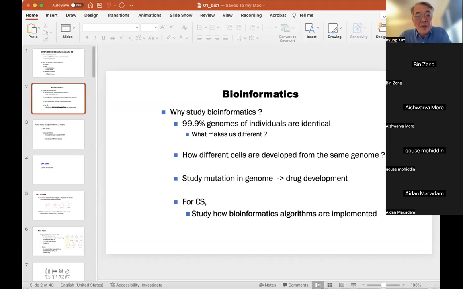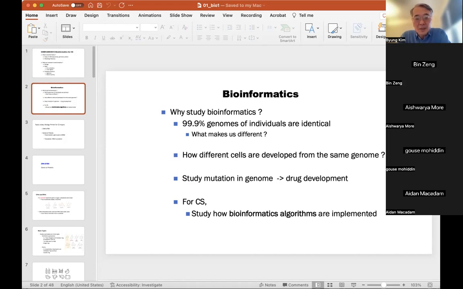And also bioinformatics is primarily used to study mutations in genomes, and mutations in genes trigger some of the diseases. From the identification of which genes are involved in which disease, they can use a number of different techniques to study drug development.